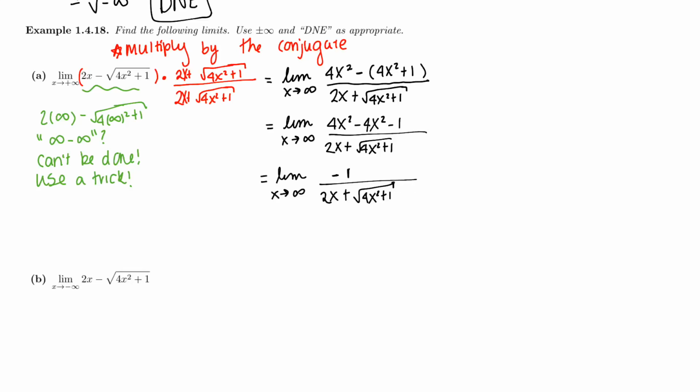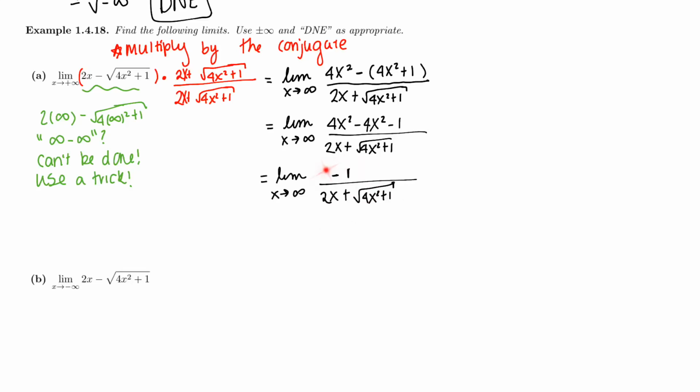What we're going to notice here is that dealing with the highest power on top and bottom is kind of weird, because you have an x squared under a square root, which is kind of like an x, so these are kind of the same power.